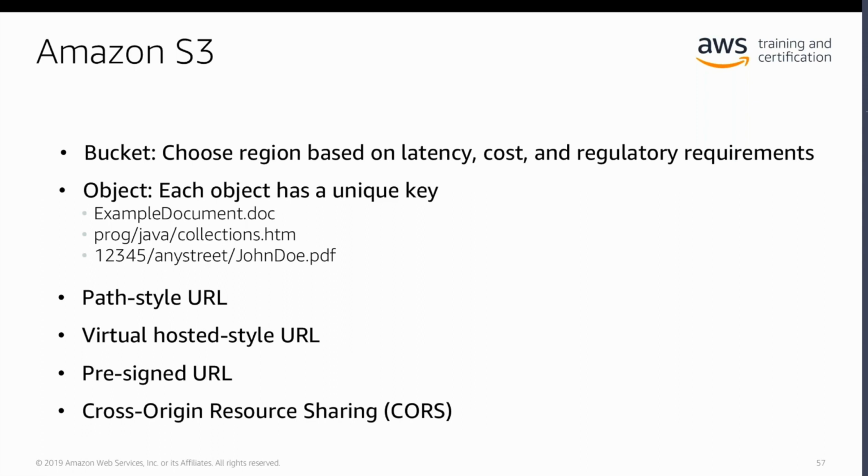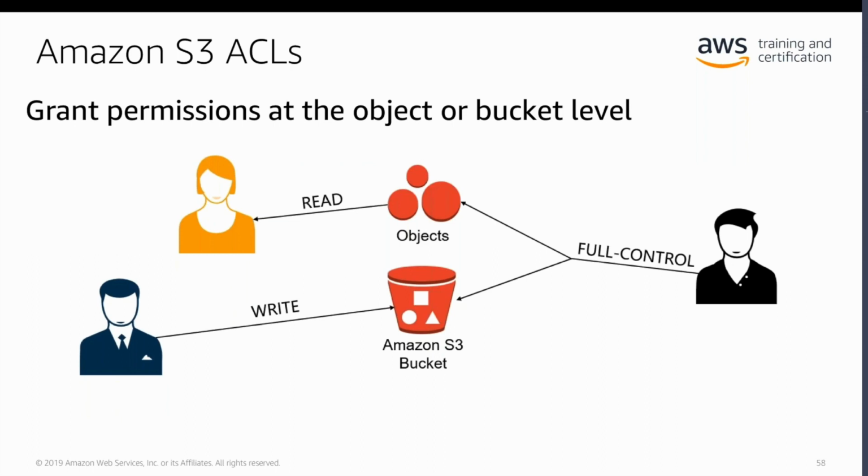Some people in AWS like to share things that are in their buckets, and they think the best way to do that is to go in and give the entire world read-write permissions. Well, that's a really bad way of doing it. That's done with things called Amazon S3 ACLs.